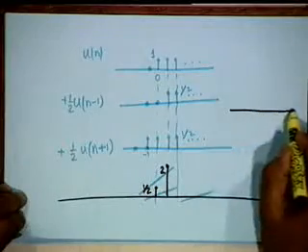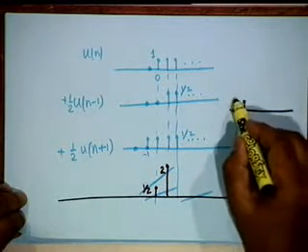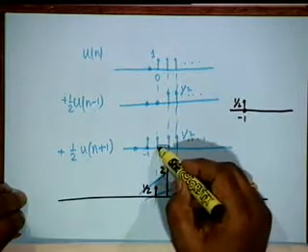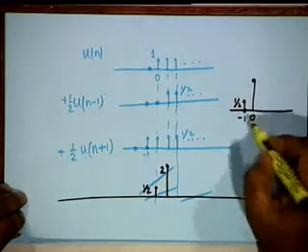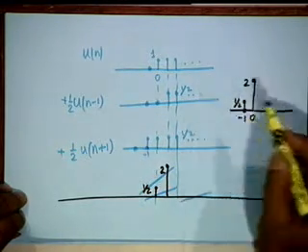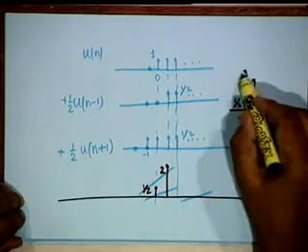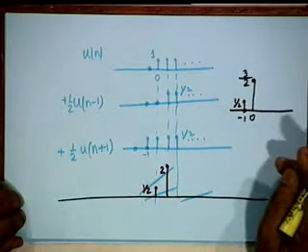The result would be: at n equal to minus 1, it would be half; n equal to 0, it would be 1 plus half, 3 by 2. That's okay? Very easy for me to change from 2 to 3 by 2, right?